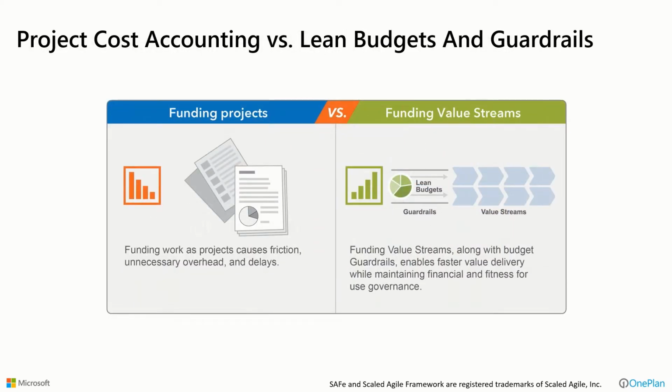And then there's the concept of how we fund these things. In the past, we would make independent funding decisions on projects in and of themselves, meaning projects independently, on a more granular basis, competing for funding. If we instead fund at a value stream level, at a higher level in the organization, with some guardrails around how we spend that money, it enables faster value delivery.